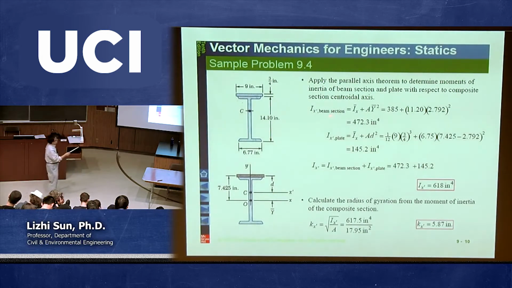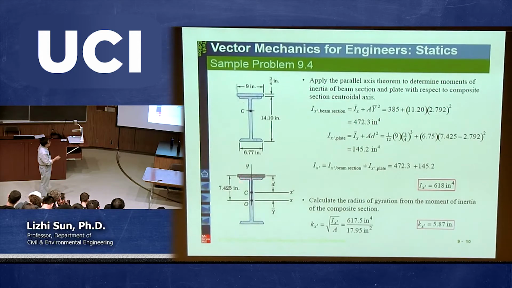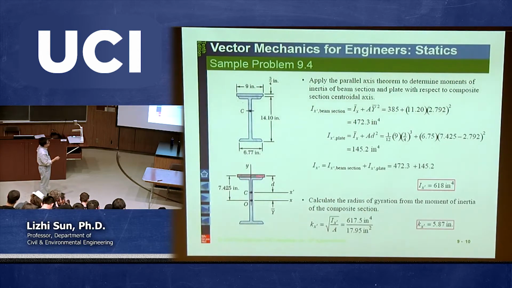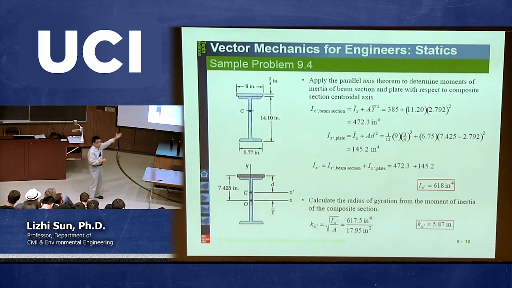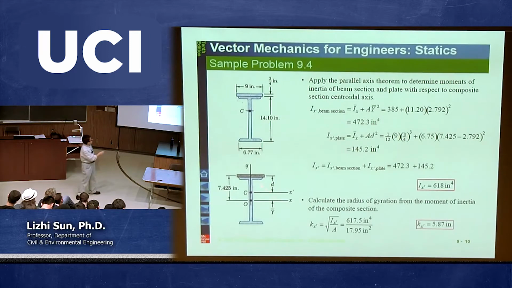So let's first calculate the moment of inertia with respect to x prime based on this second component. We call it W14/38. Forget about this top rectangular shape first. Obviously we don't know the moment of inertia to the x prime for this W14/38.